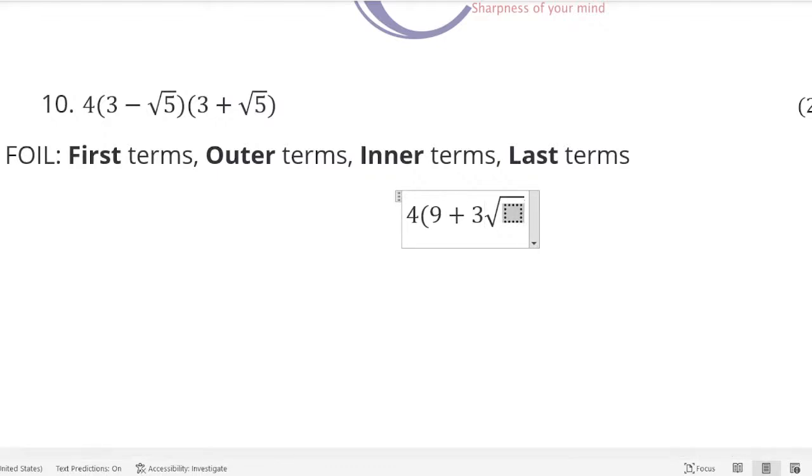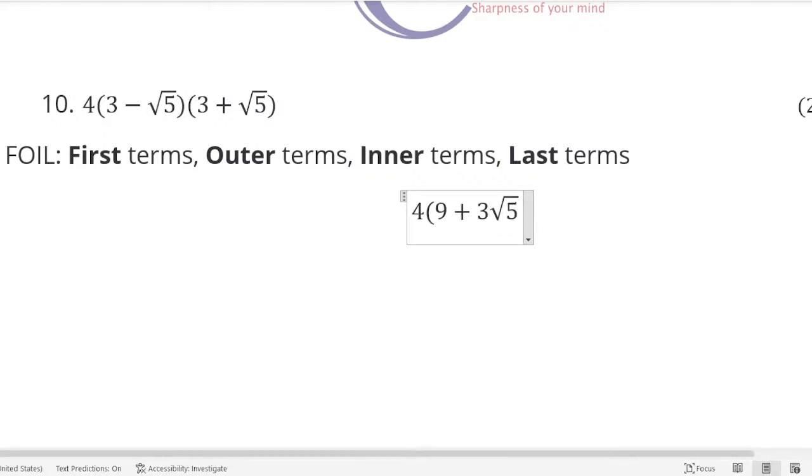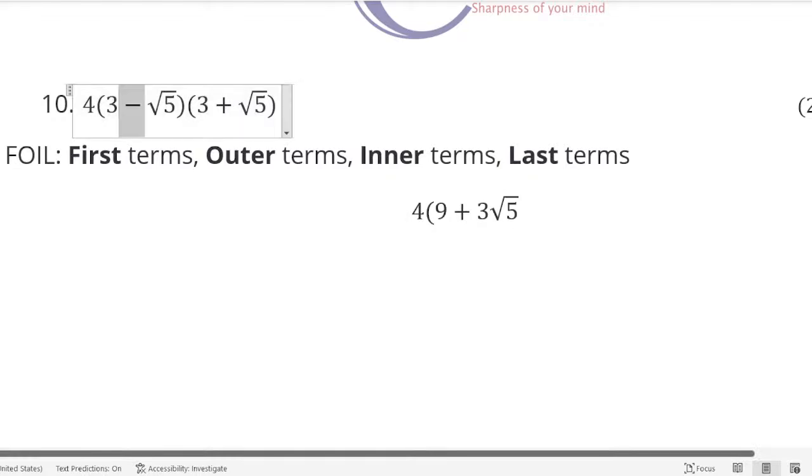Remember, we started with the first terms.